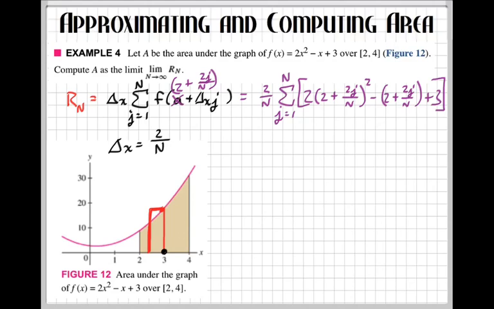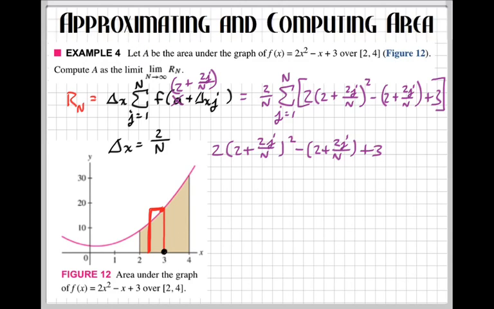Now this is where our algebra skills are really going to come in handy. We're going to have to simplify all this in order to get to the point where we can use the power sum and simplify even more. And once we use the power sum and simplify more, then we can take the limit as n approaches infinity.